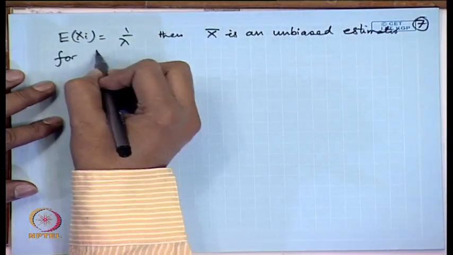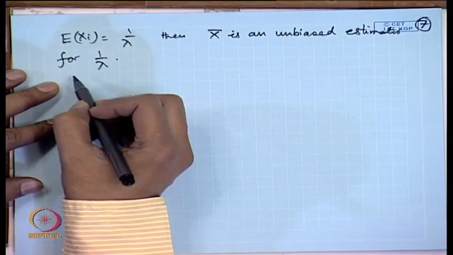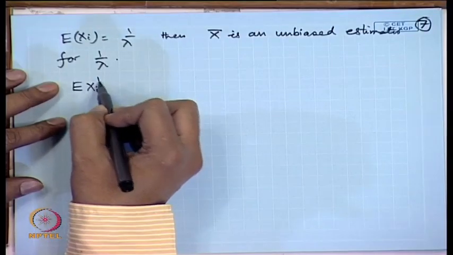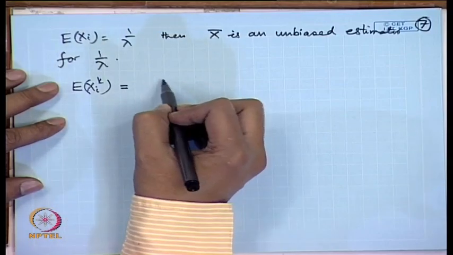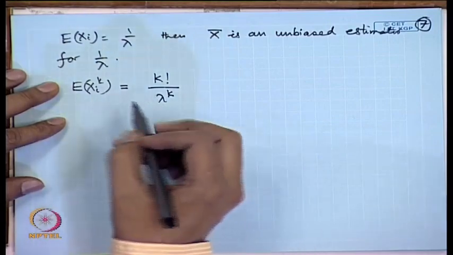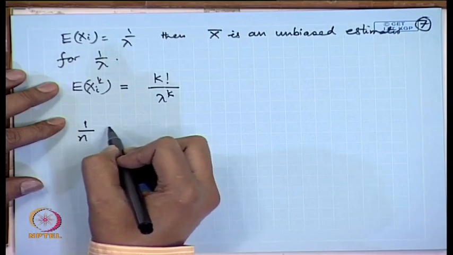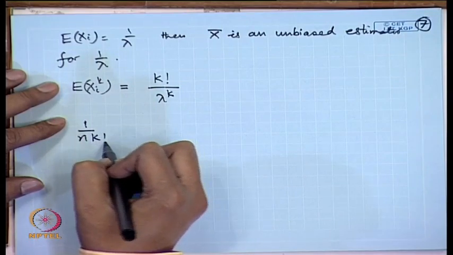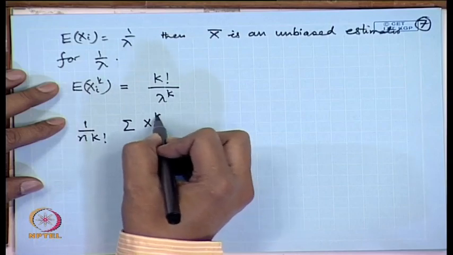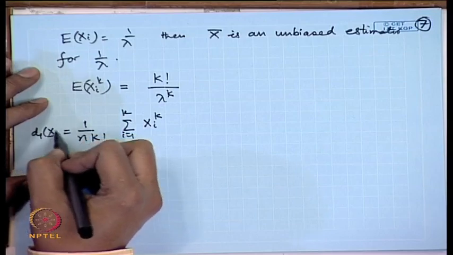Not only that, we may consider estimation of the higher order moments also. For example, we may look at, say, expectation of X_i to the power k. In the exponential distribution, this is equal to k factorial divided by lambda to the power k. So, we may write 1 by (n k factorial) sigma x_i to the power k, i is equal to 1 to n, let us call it, say, d1(x).